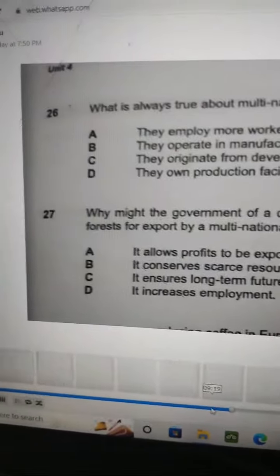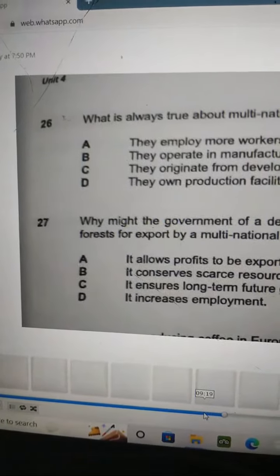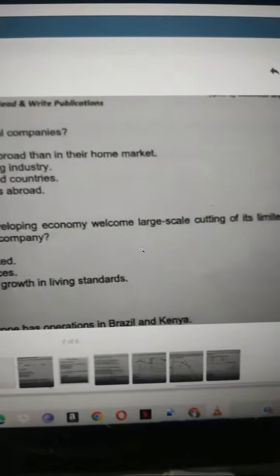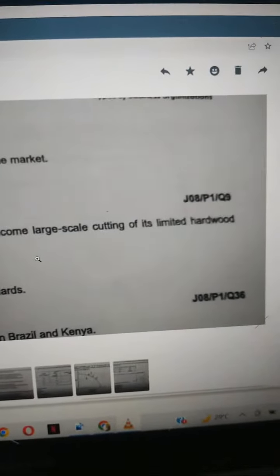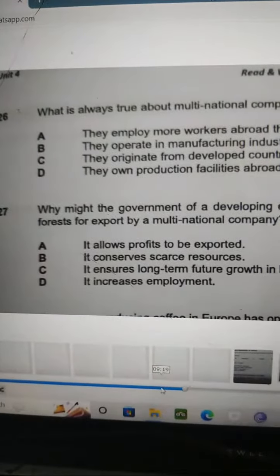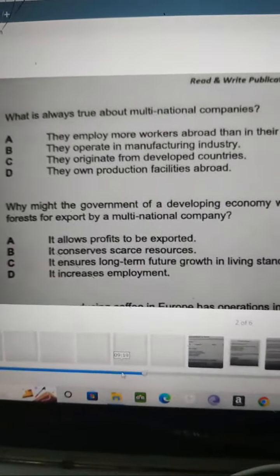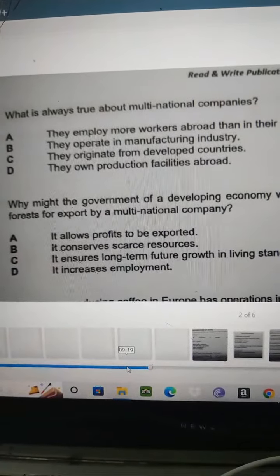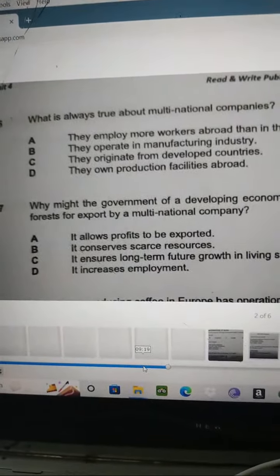27. It will generate employment. It will create jobs in that economy. That's why they will allow the cutting of its forests by a multinational. And the multinational is doing it for them, and they are exporting that also to other countries.